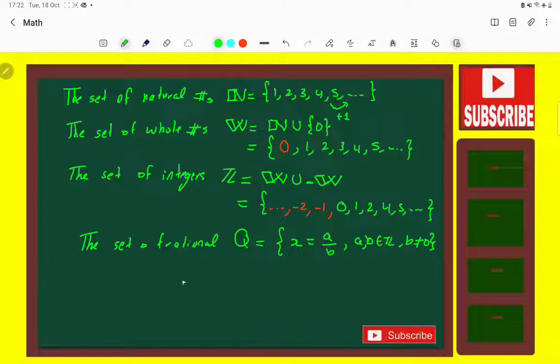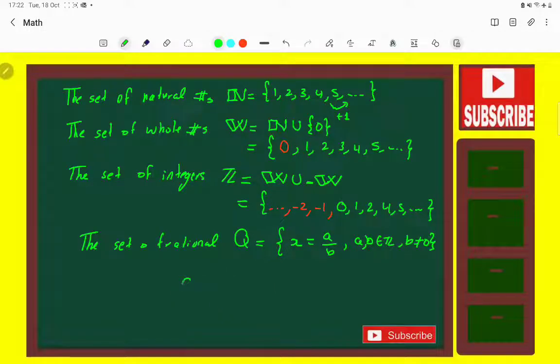As an example, 2 over 3 is a rational number because 2 is an integer and 3 is an integer, so this number satisfies the definition of rational numbers.